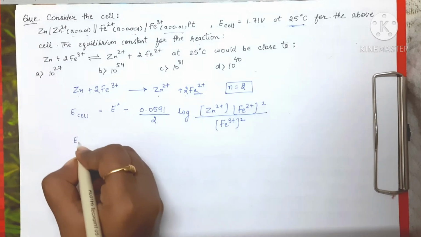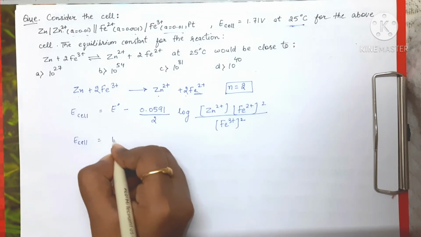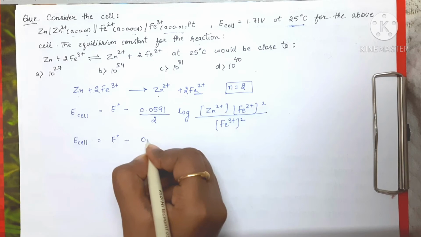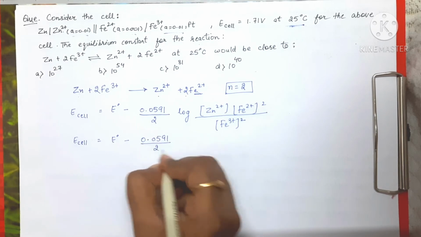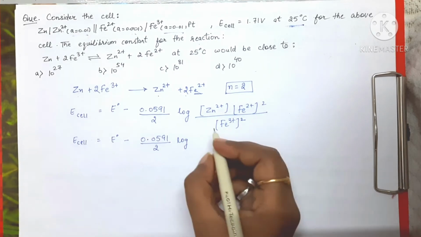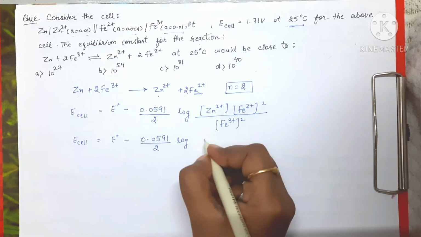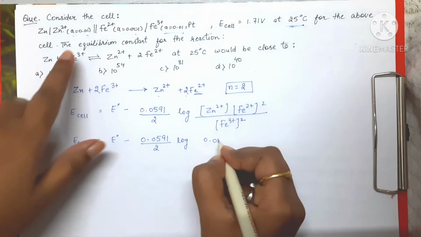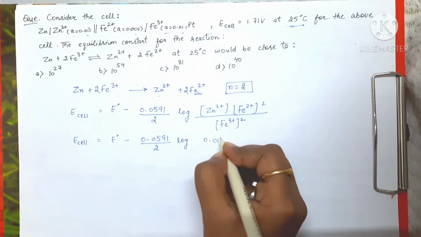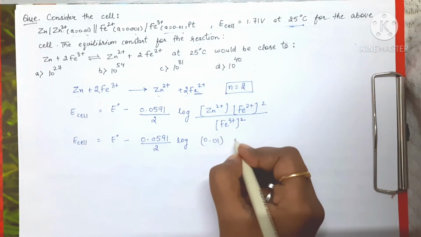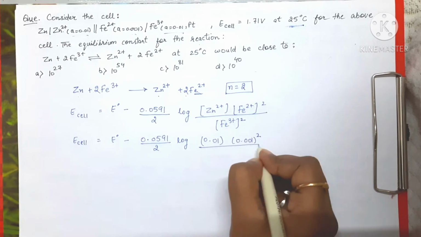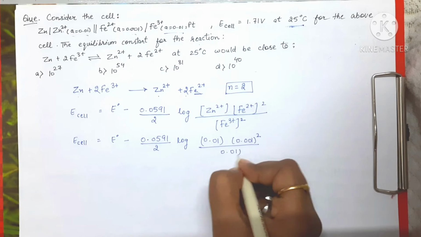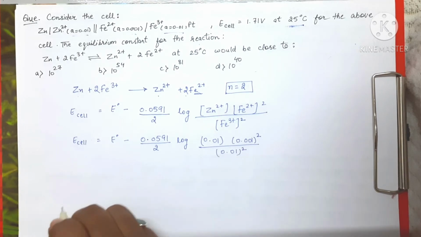So we will get E of cell equals E naught minus 0.0591 divided by 2 log of the concentration of Zn2+, which is 0.01, from here Fe2+ 0.001 squared upon 0.01 squared.